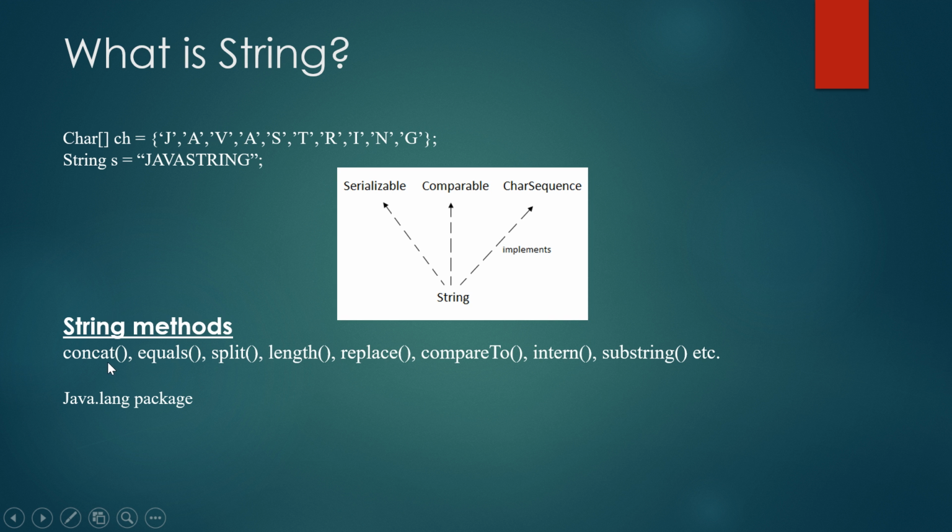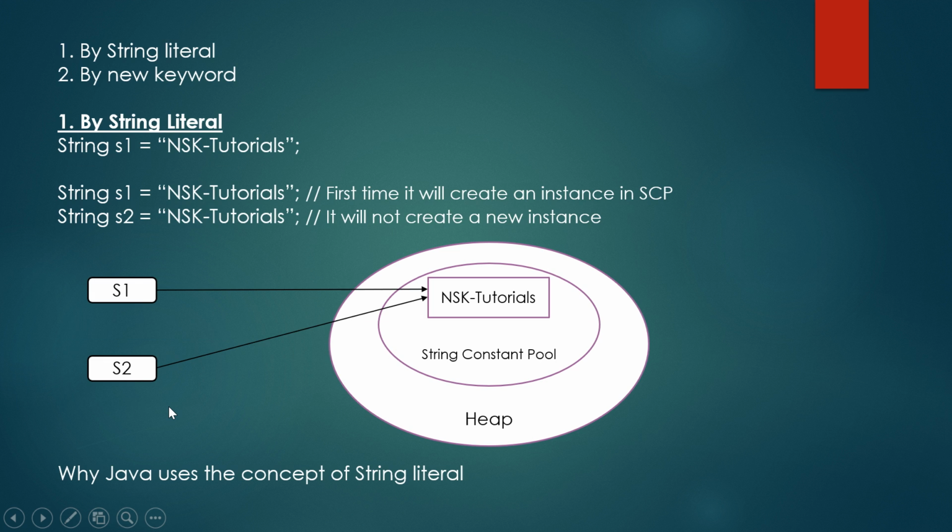Like concat is the method used to concatenate two strings, equals method to compare the content, split method to split the string, length to check the length of the string, replace, compareTo, intern, substring, etc. We have a lot of methods and operations we can perform using string. And String class is available in the java.lang package.